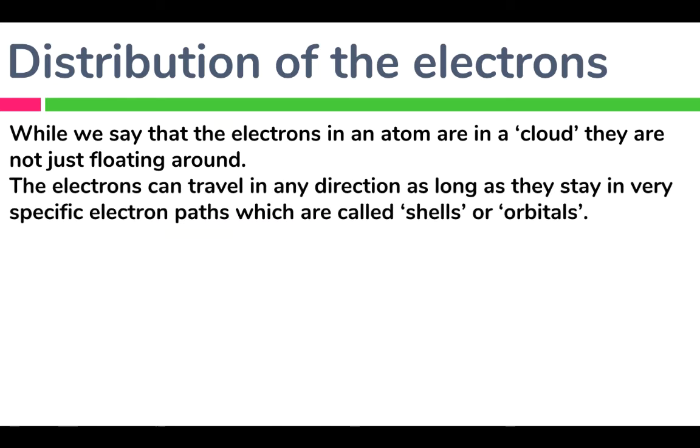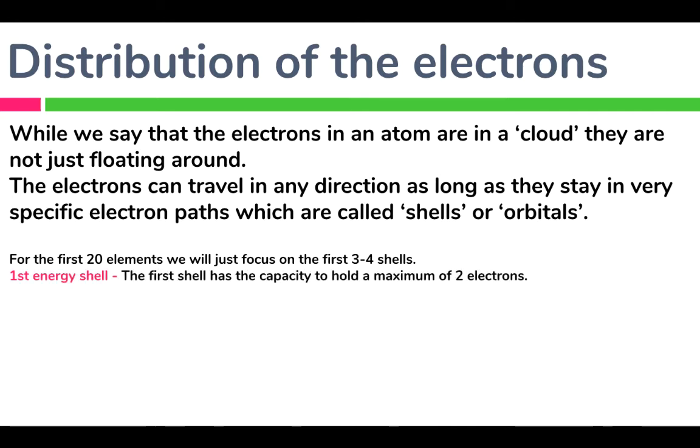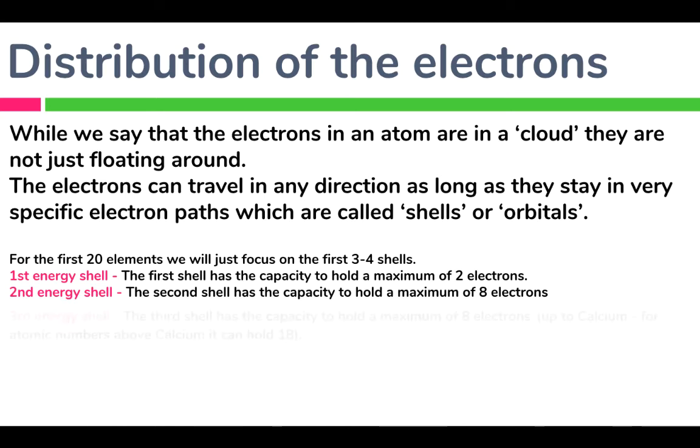So electrons travel around in the cloud in particular places, and they can be arranged within shells that have rules about how many electrons can live in those shells. So the first energy shell, which is closest to the nucleus, can only hold 2 electrons. Second energy shell, the second shell away from the nucleus, can hold up to 8 electrons.